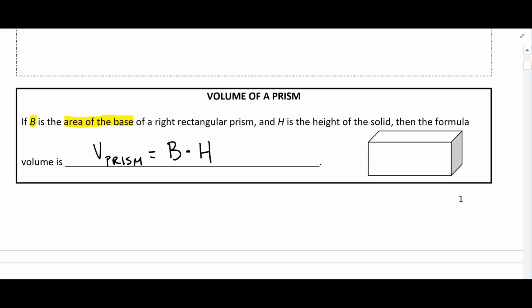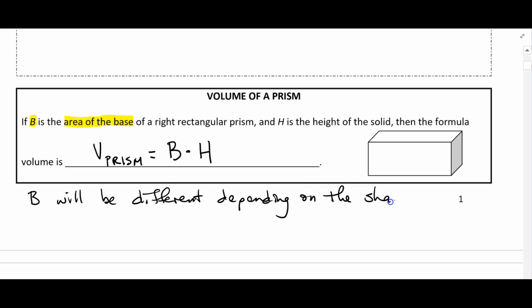Now, remember that since B is the area of the base, B will be different depending on the shape of the base.